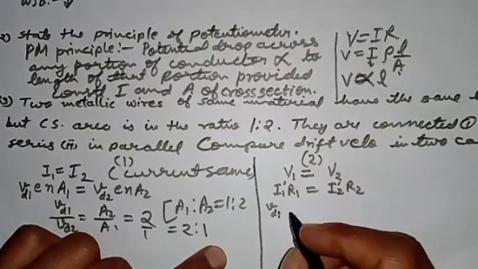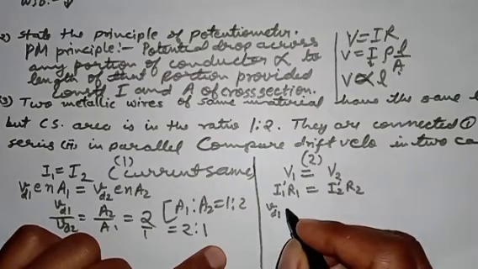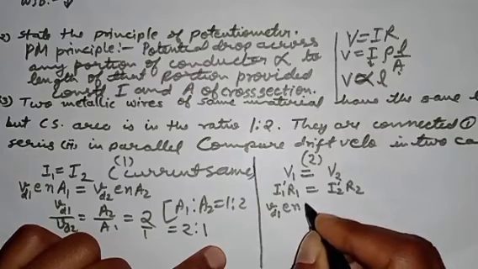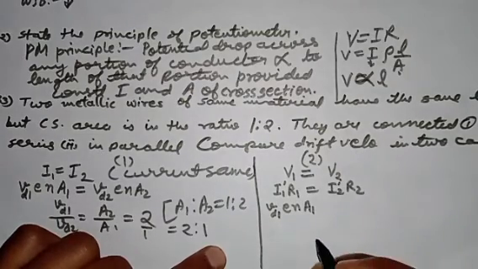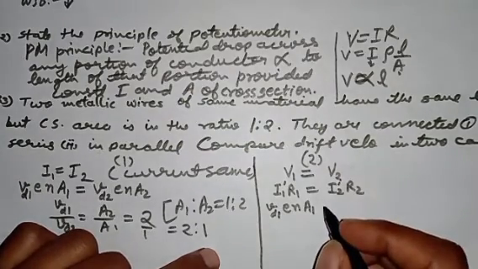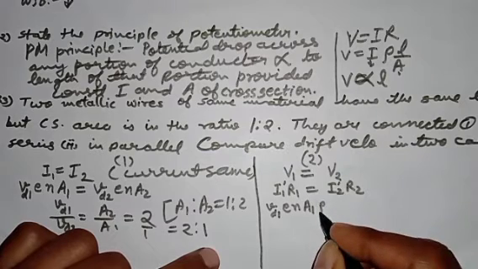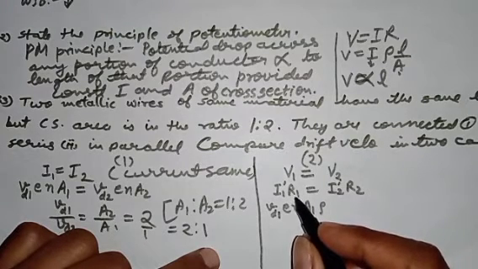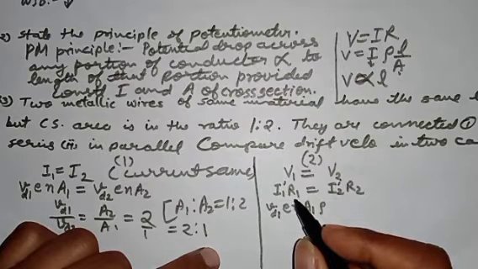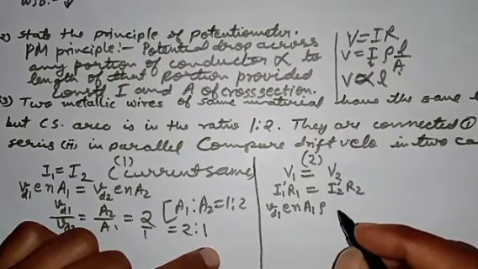vd1, which we have to find in terms of ratio, e n A1, and for R, rho L upon A1. Actually, we can write rho in its microscopic form also, m upon tau e square n, but that is not required.